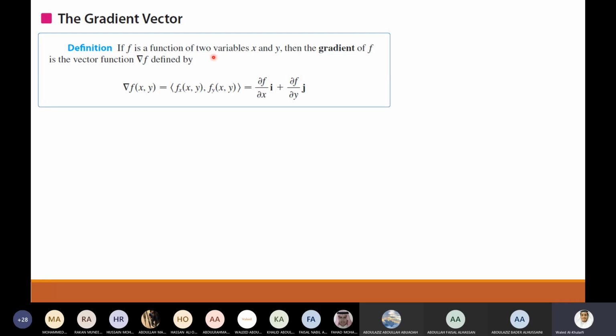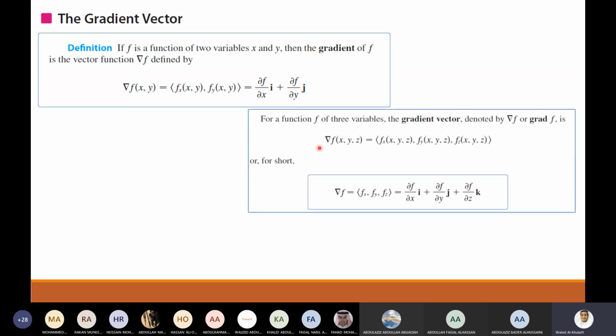So if f is a function of two variables, x and y, then the gradient of f is the vector function del f, or grad f, you can pronounce it many ways, defined this way. Gradient f of x and y is a vector. If it's two dimensions, the first component is the derivative of f with respect to x, and the second component is the derivative of f with respect to y, which is partial f by partial x in the direction of i plus partial f by partial y in the direction of j.